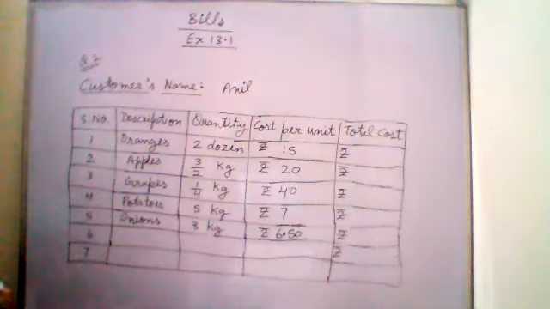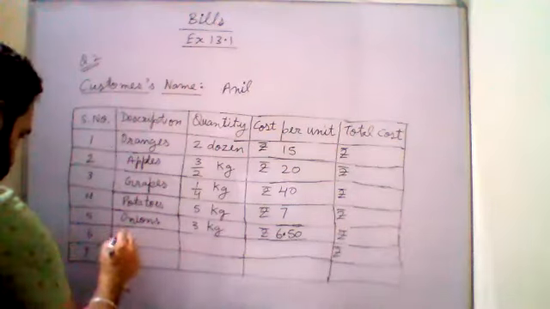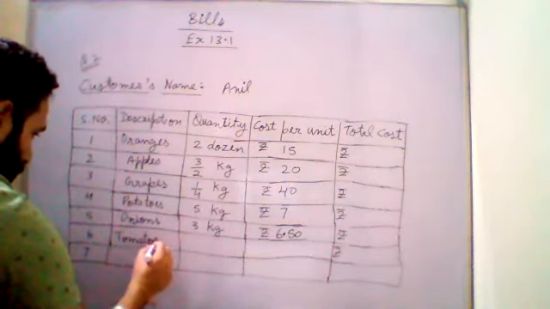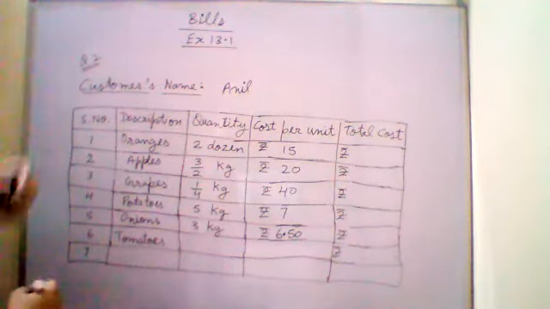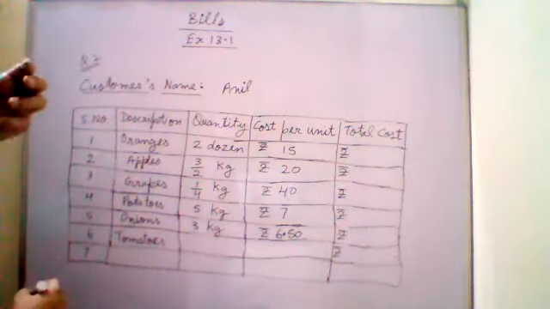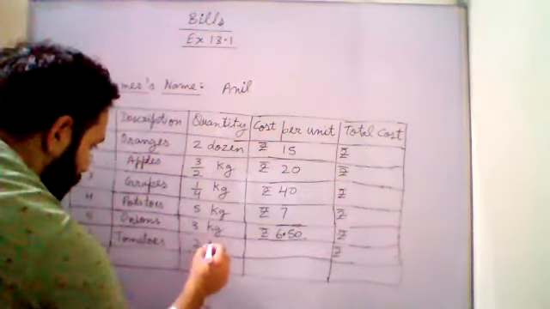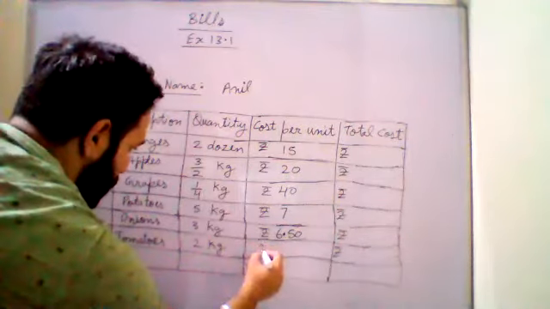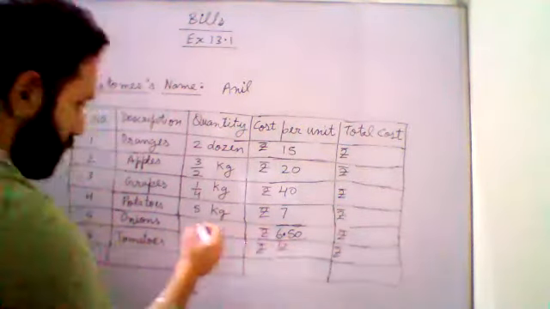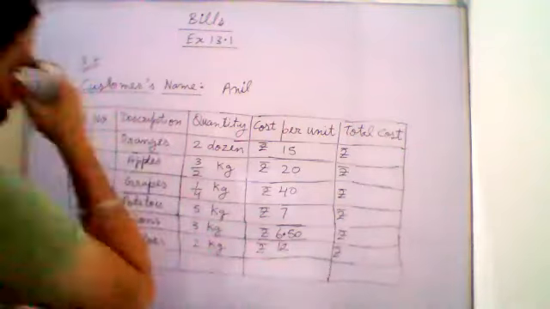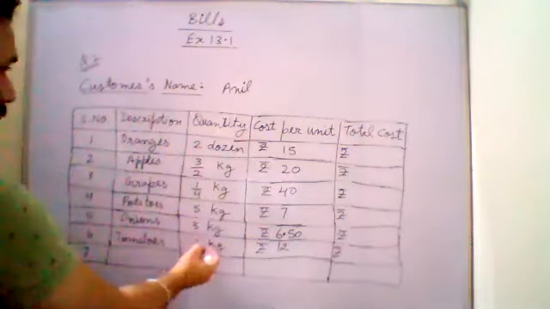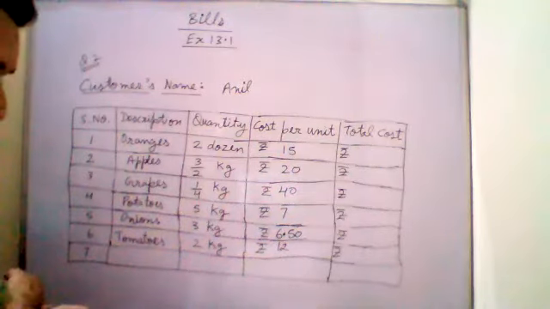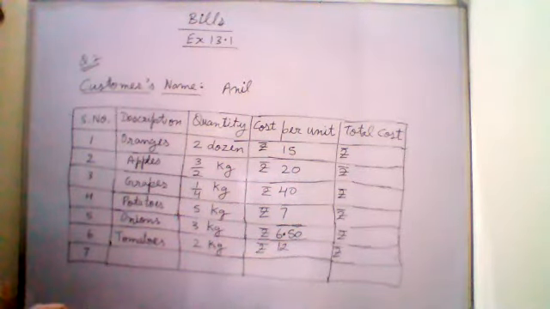What is the sixth one? It is tomatoes. He bought 2 kg of tomatoes at the rate of rupees 12 per kg. You will write the quantity in this column and the price in this column. And then the cauliflower.